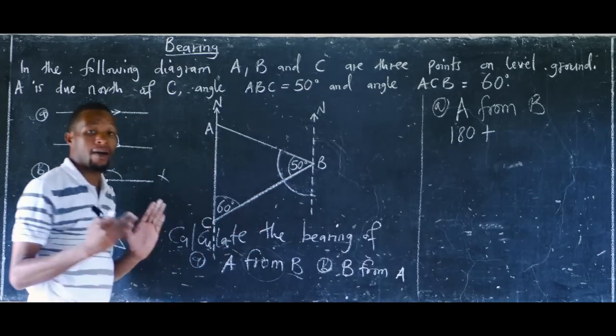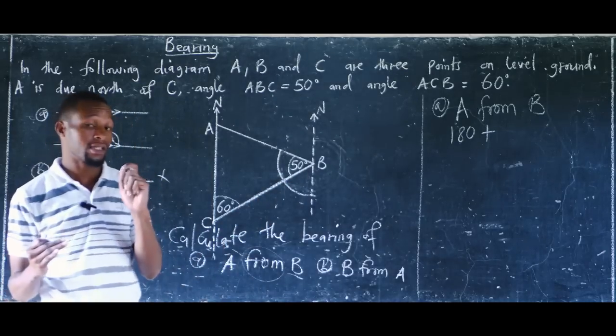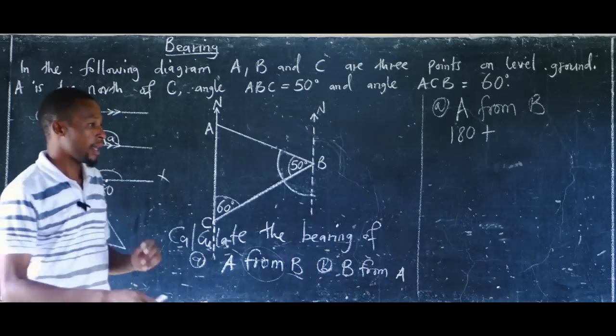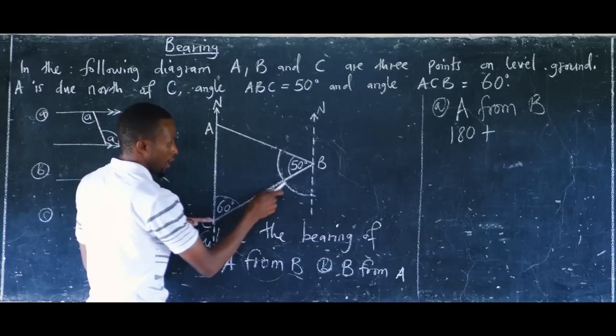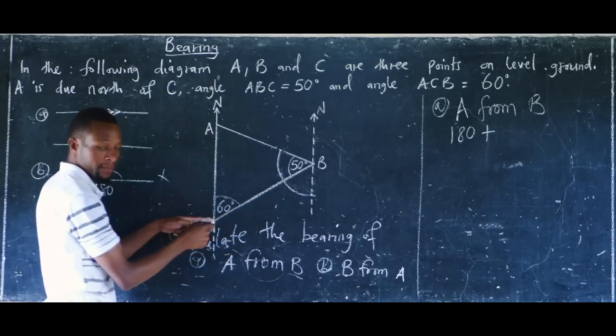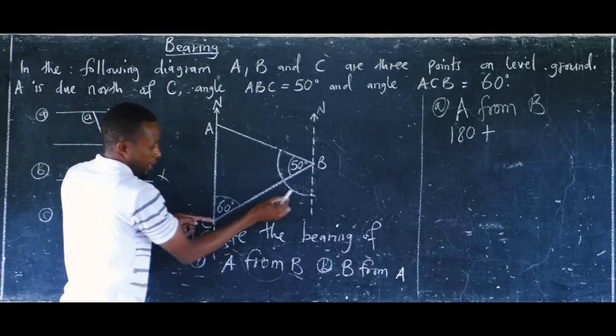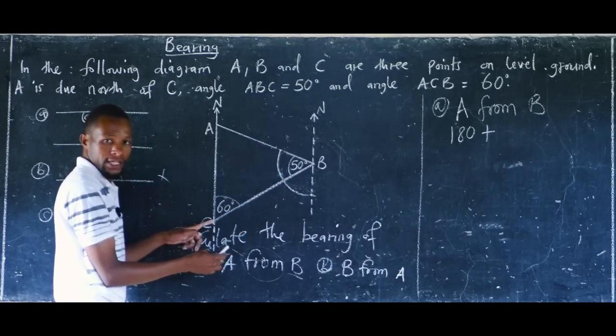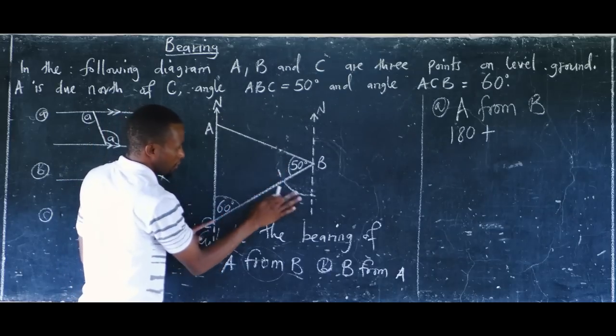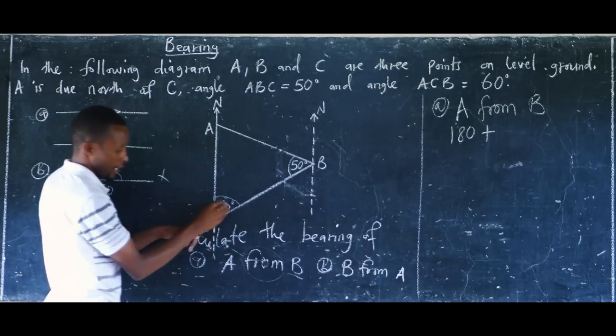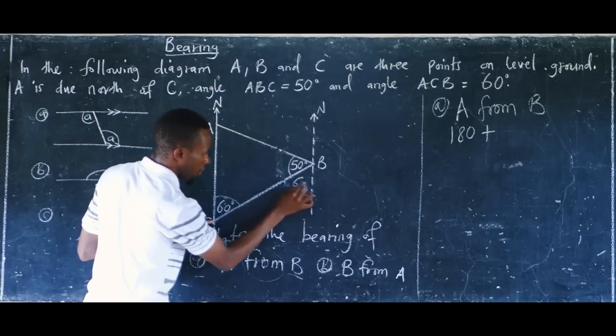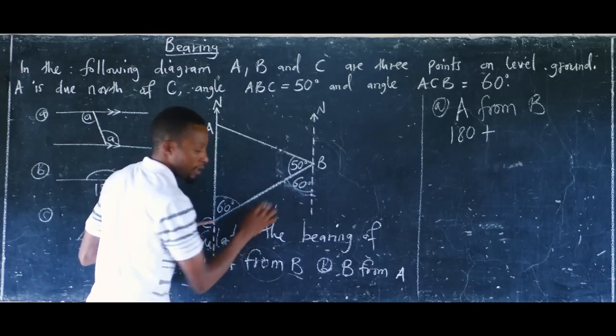All the north lines are parallel to each other. That is the concept you need to remember. There is now the transverse which is cutting them, this. Meaning the opposite angles, alternate angles will be the same. So here we have 60, meaning even this is also 60 degrees.